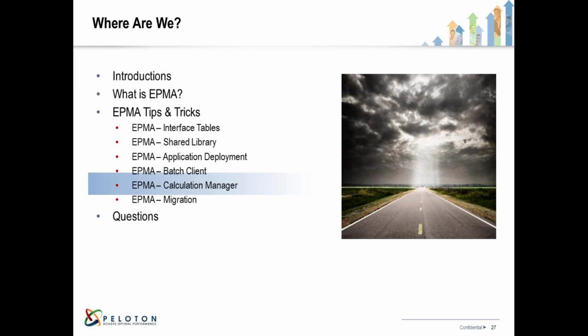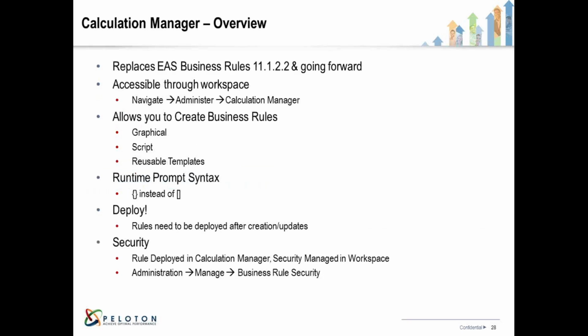Just moving to the next section, we'll talk about Calculation Manager. So just to provide you with an overview of Calculation Manager, as of version 11.122 and going forward, Calculation Manager is now the default way of creating business rules. So it replaces those EAS business rules that have been used prior to version 11.122.